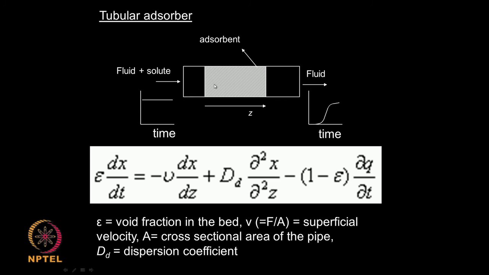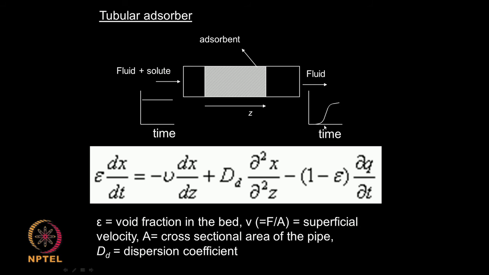Initially this is fresh adsorbent, so every solute that is entering will get adsorbed. You will not see any solute or adsorbate in the fluid that is leaving, and then after some time it will start coming out, because by then your adsorbent is getting saturated.